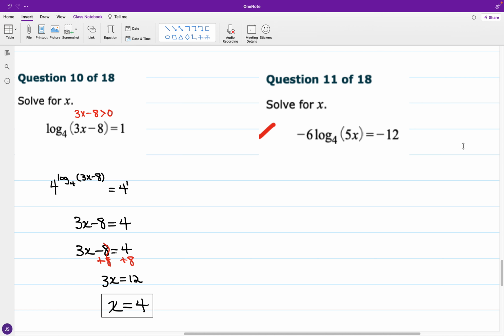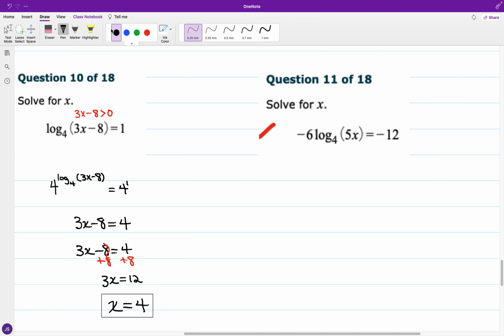We have the base 4 logarithmic appearance once again. And before I take the exponential base 4, I want to take care of the coefficient I have here, -6. What I can do is divide the equation by -6.